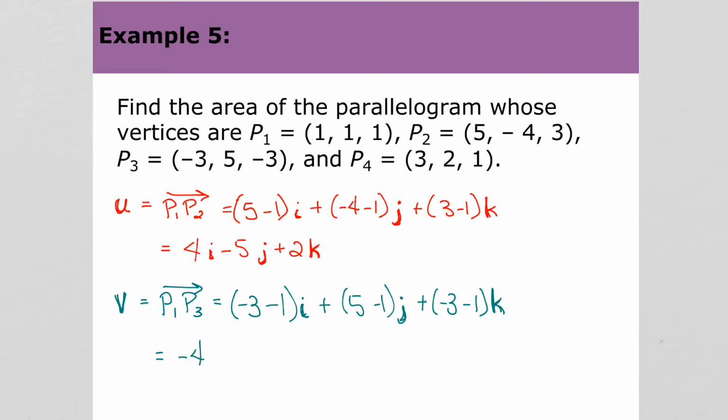Gives us negative 4i plus 4j minus 4k. So that's our first step. Our next step is to find the cross product between those. So let's write down what u and v are over here again.